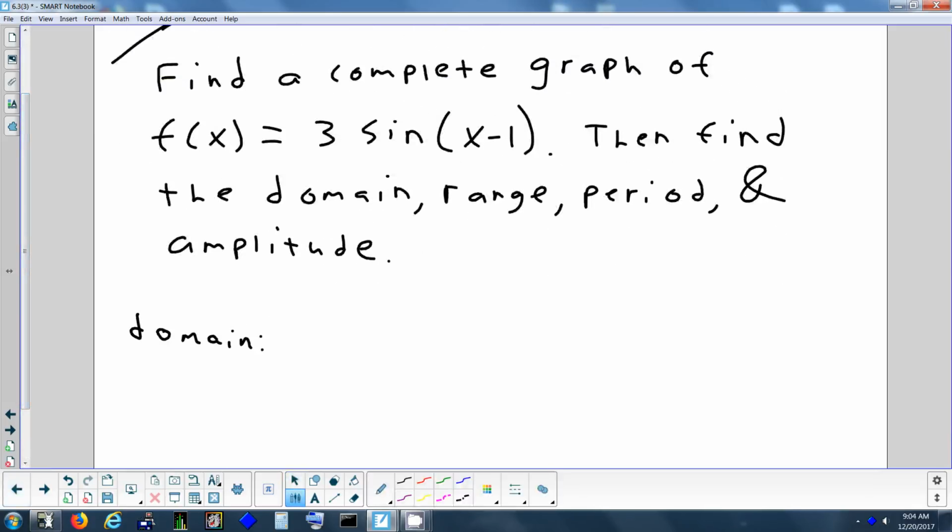Okay, what's the domain here? Jane, what's the domain? It can be all real numbers. Yeah, all real numbers. Every sine and cosine function, it's always all real numbers. There's no undefined values.